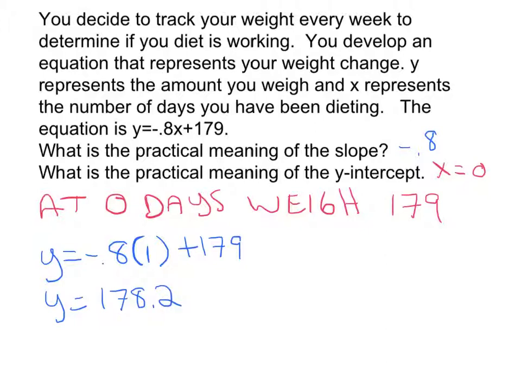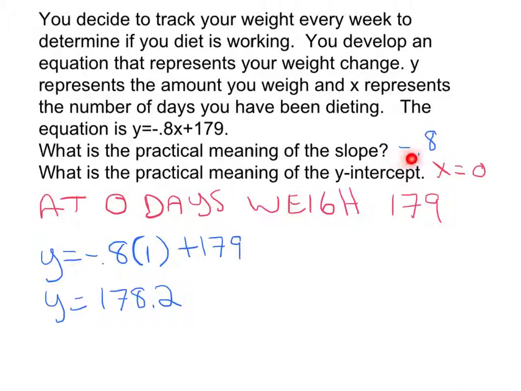So after 1 day, I weigh 178.2. Okay, so I can see that my weight is decreasing, so my diet is working. And the significance of this slope here is that I am losing 0.8 pounds per day.